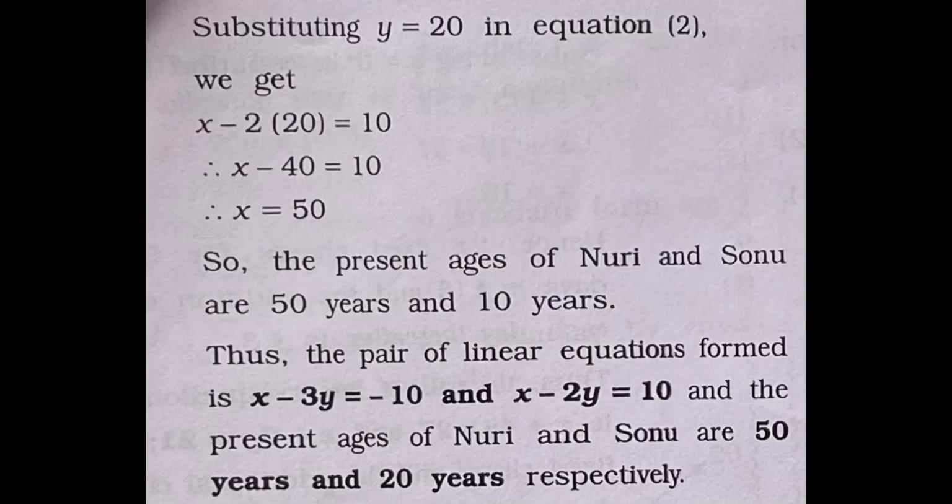Substituting y is equal to 20 in equation 2, we get x minus 2 into 20 is equal to 10. That is x minus 40 is equal to 10, which means that x is equal to 50. So the present ages of Nuri and Sonu are 50 years and 20 years respectively.